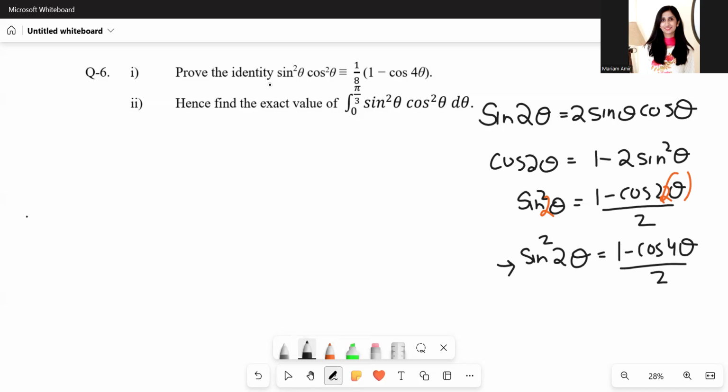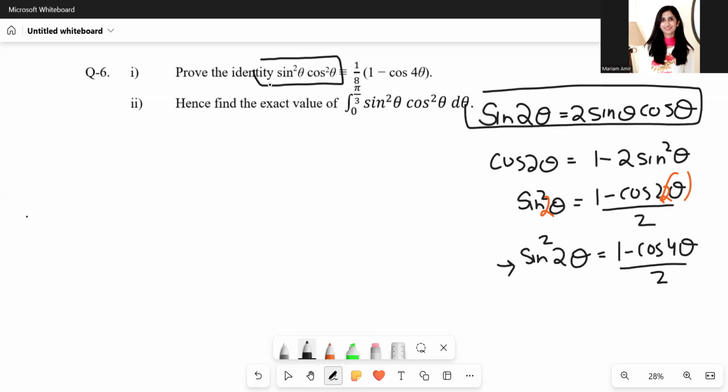Okay, so now let's prove this identity. If you notice, this has a cos x and a sin x, and this identity has a cos x and a sin x as well. So what we can do is write (sin θ cos θ) whole squared here. Now I need a 2 inside so that it becomes 2 sin θ cos θ. So I'll write a 2 here and a 2 here.